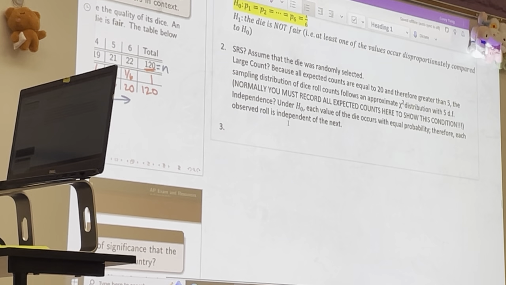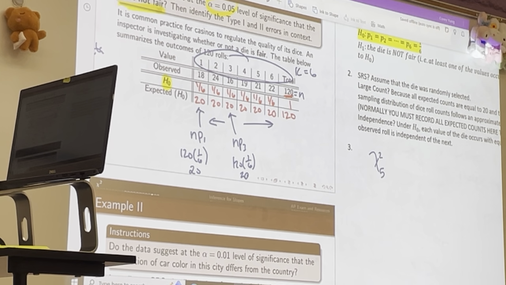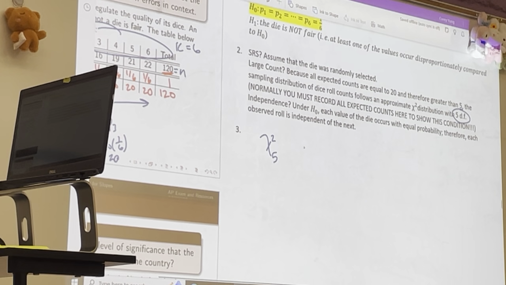Step 3 is my calculation. Going to the calculation part, my chi-square random variable has 5 degrees of freedom. The reason is that if you look at how many classes I have, k is equal to 6. If I have 6 classes, I take 1 less than that, and that's my degrees of freedom.